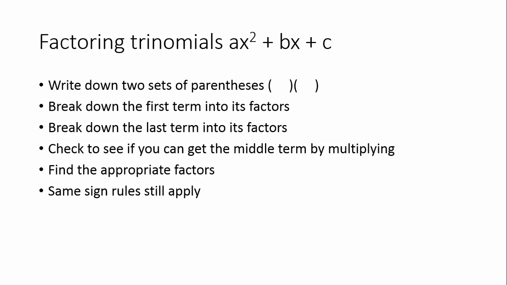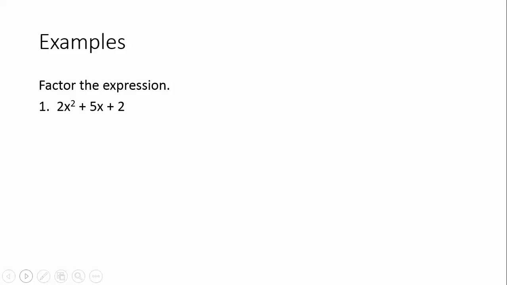And then we want to check to see if we can get the middle term by multiplying. So we want to make sure we found the appropriate factors, and then the same sign rules will still apply. And today we're just going to dive in and do some examples because I think that's the best way to work these out, to hear my thought process and understand how to do this.